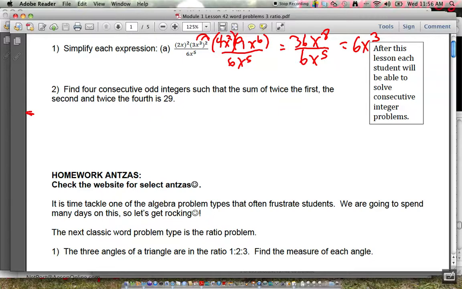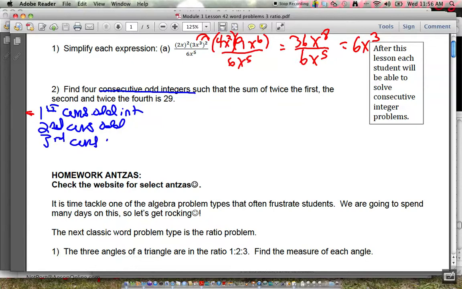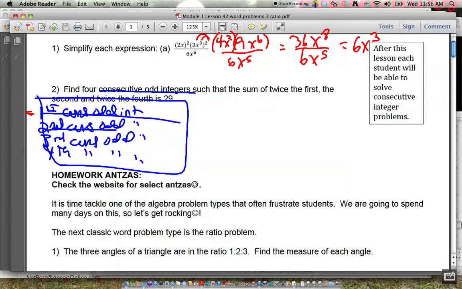So this is about consecutive odd integers. So I have first consecutive odd integer, second consecutive odd integer, third consecutive odd integer, fourth consecutive odd integer. So here's my table. And what is that first odd integer going to be? X. Now, what is the next odd integer, Lily?